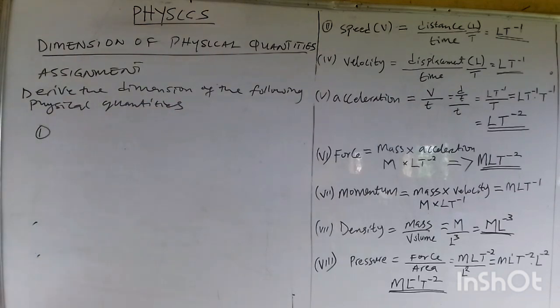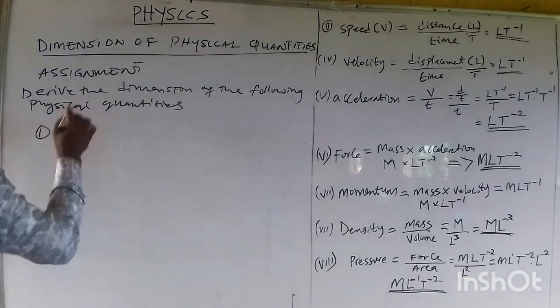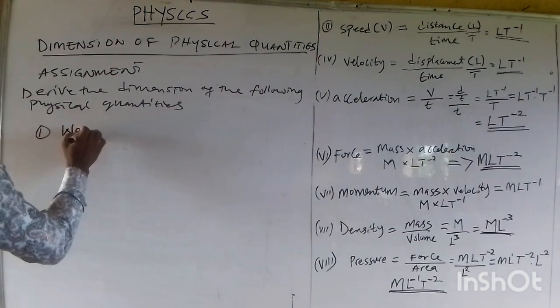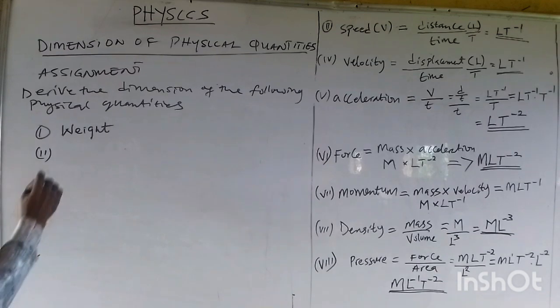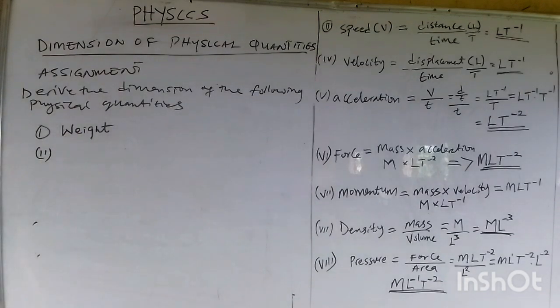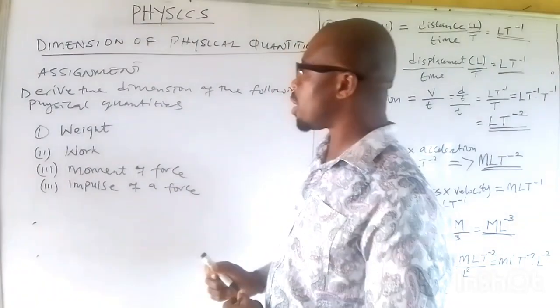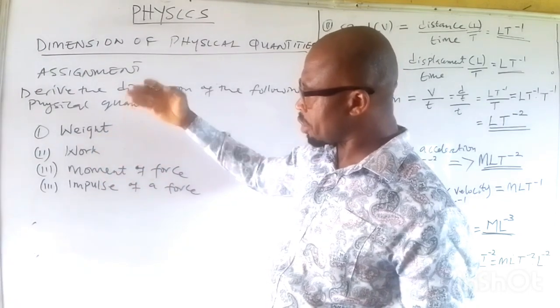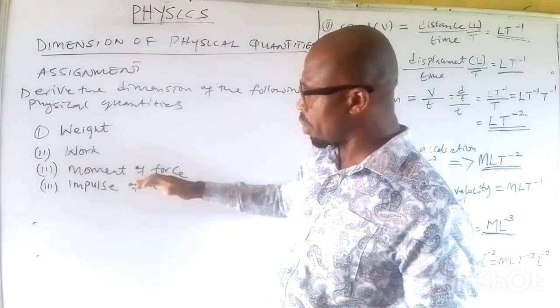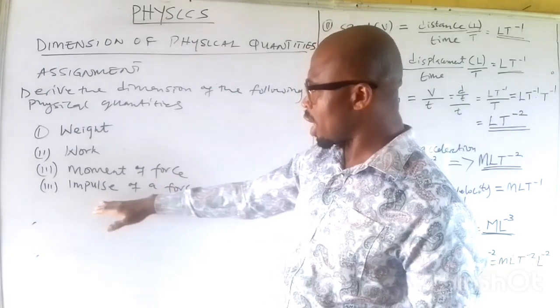Number 1, help us get the dimension for weight. Number 2, dimension for work, dimension for moment of force, and dimension for impulse of force.